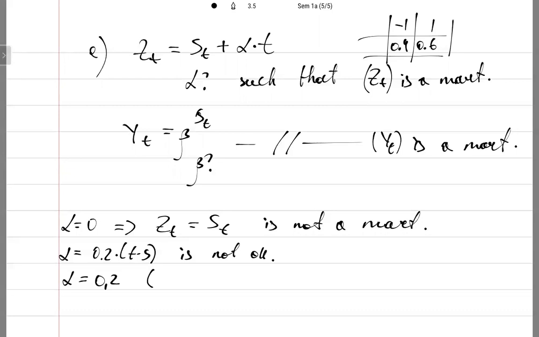We need a correction factor, but think a little bit: in which direction should we correct ST to make it a martingale? Almost right.